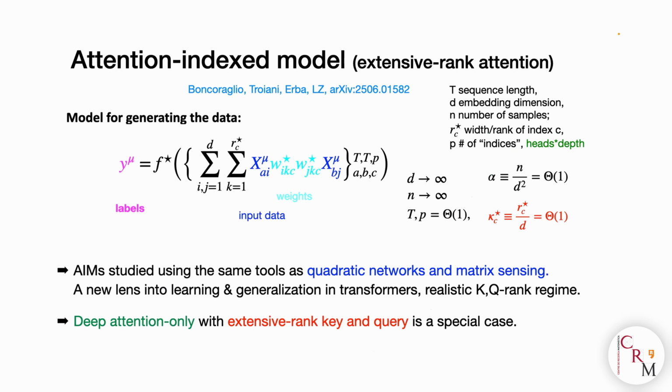So we have these W's, the teacher weights, that now have the index k, the rank, the size of that matrix, that can be as large or even larger than the embedding dimension, just arbitrary. And then we have the index C, that's now the number of indices. So different layers, for instance, would be different indices C.